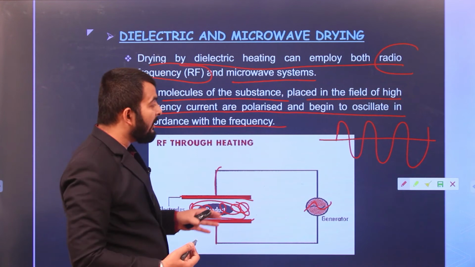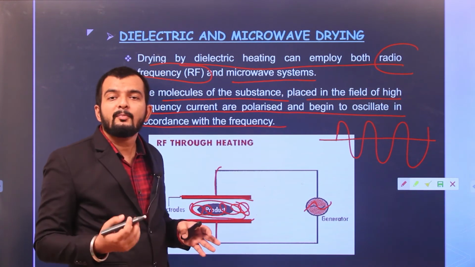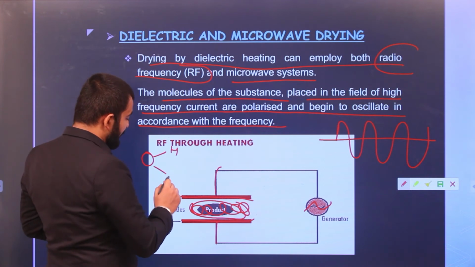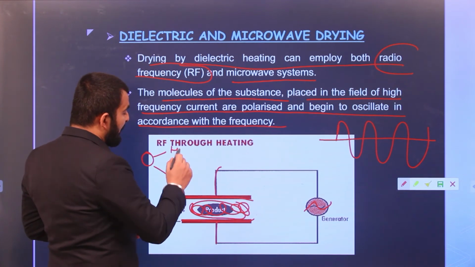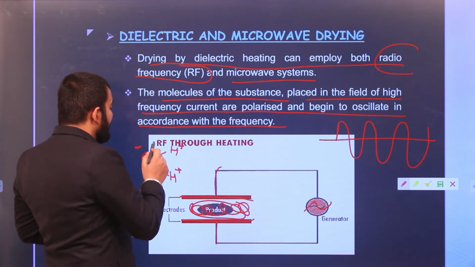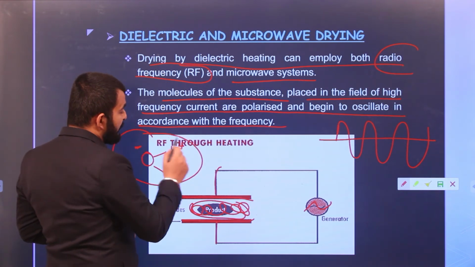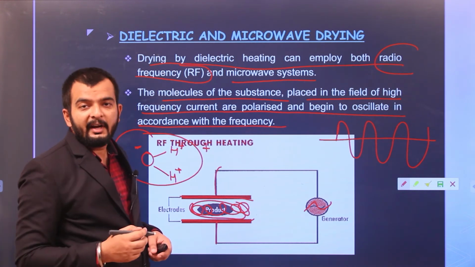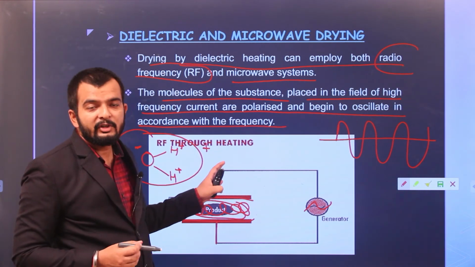Water is a polarized molecule, consisting of O and 2H. H has a comparatively positive charge and O has a negative charge, so separation of charge takes place in the water molecule.